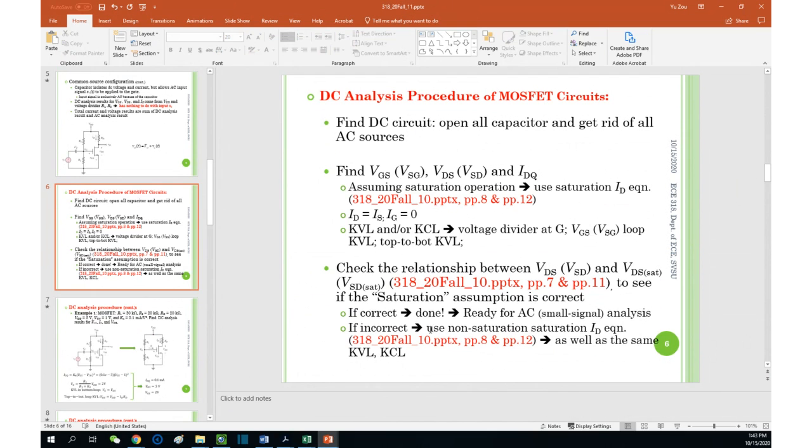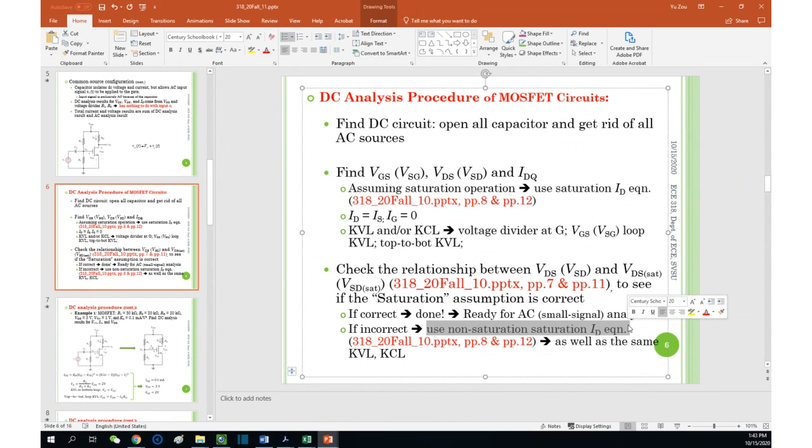So once you use the non-saturation region equation, the first thing we need to understand is it actually cannot work as an amplifier, not anymore. No AC analysis is needed. Does that make sense? No AC, because it doesn't even work.